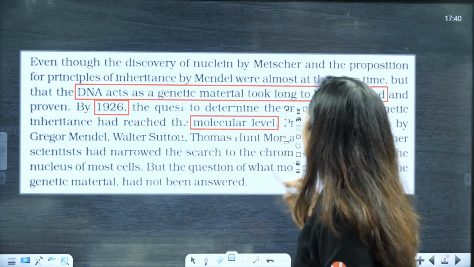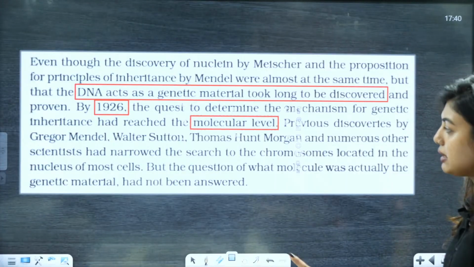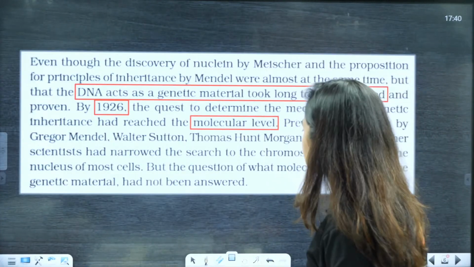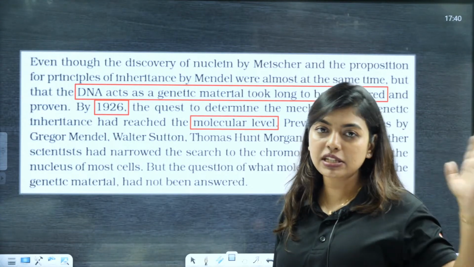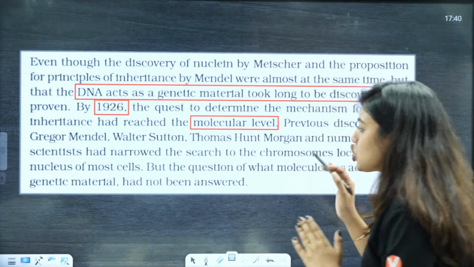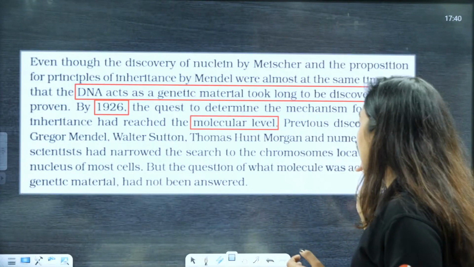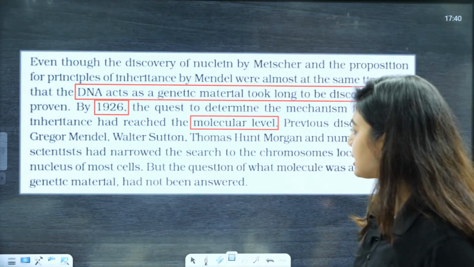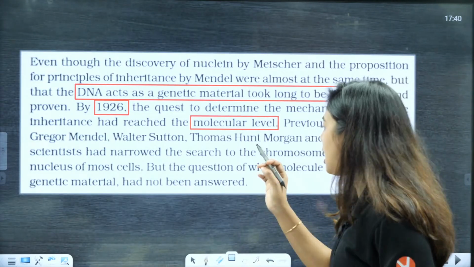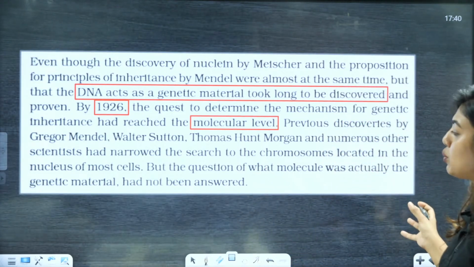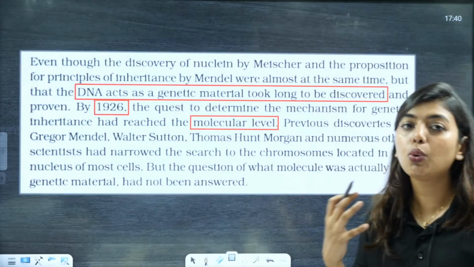Okay. Now, previous discoveries by Mendel, Sutton, Thomas and Morgan. So Morgan, Sutton, Boveri, from that you understand the principles of inheritance. So Mendel, Sutton and Morgan and numerous other scientists had narrowed the search to chromosomes located in the nucleus of most cells. But the question of what molecule was actually the genetic material was not answered.